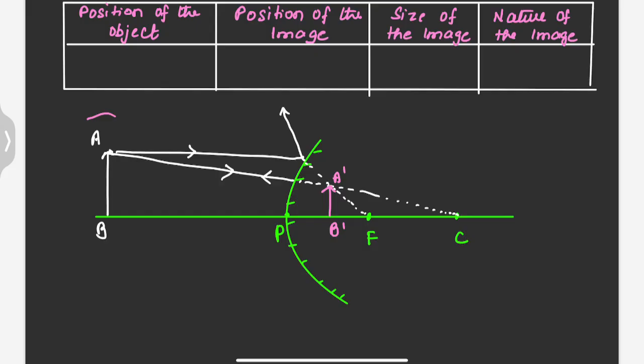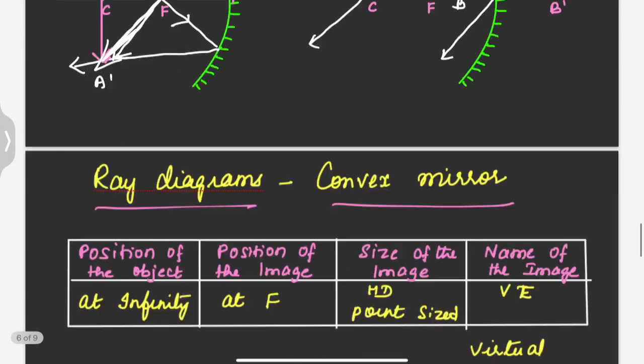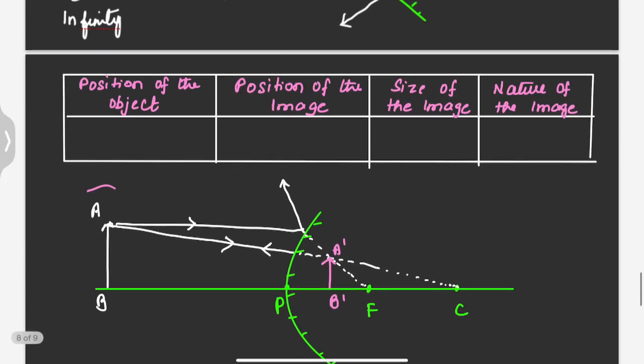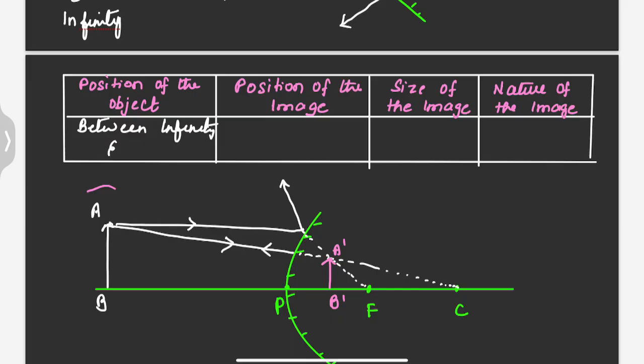Position of the object. Position of the object is between infinity and pole P. And then position of the image formed. Where is the position of the image formed? You can see it is formed here.